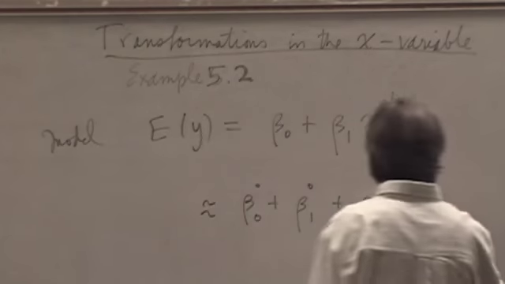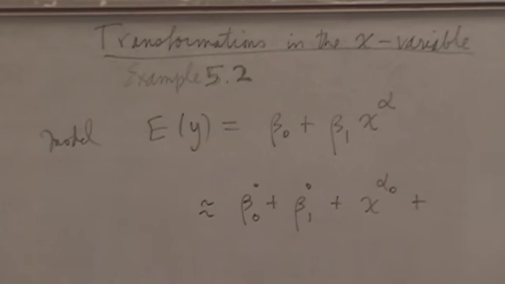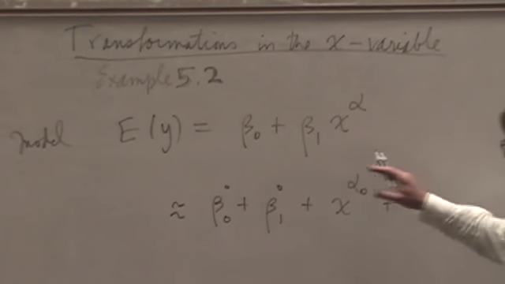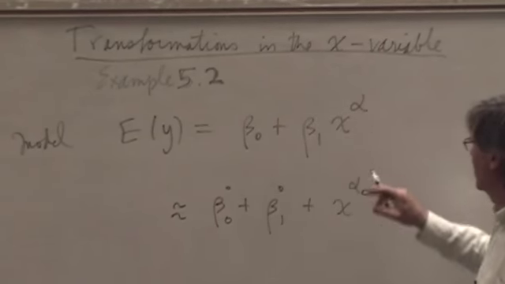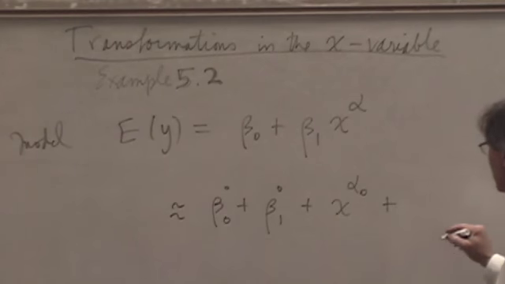Now plus, what you would do is put in the gradient of this function of beta 0, beta 1, alpha.